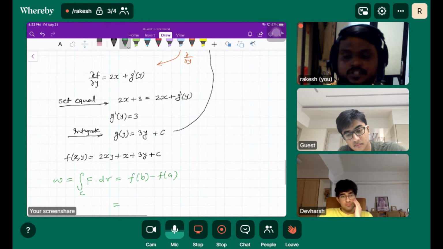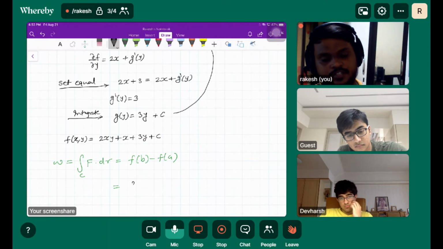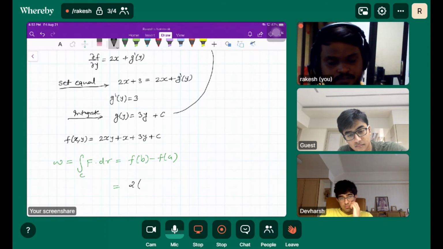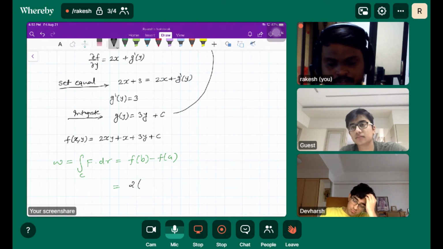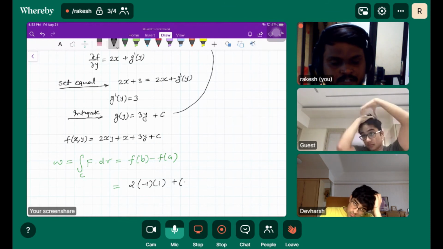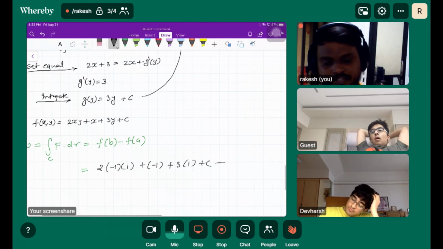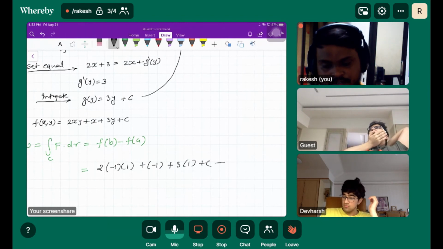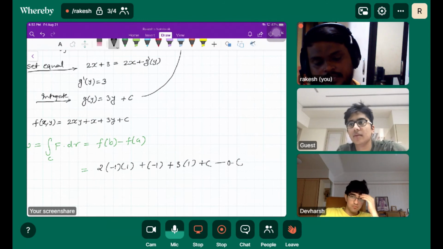The endpoints were 0, 0 and minus 1 comma 1, right? So we simply apply those endpoints here. Minus 1 comma 1 must be plugged in first, plus c. That c will cancel out automatically: c minus c.